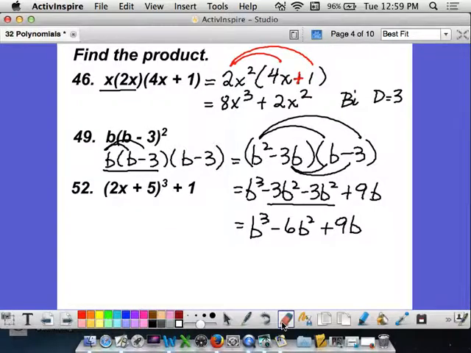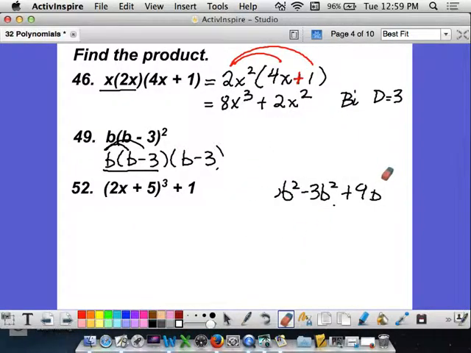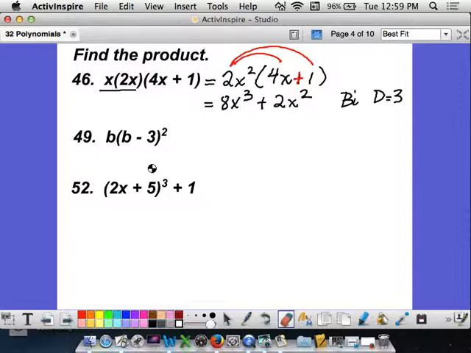The other method of doing this is you can do your square double square. I'm not sure if you remember that, but it's really nice. I'm going to keep the b and then I'm going to square double square. Square the first, b squared. The product here is negative 3b. When you multiply these two, you get negative 3b.